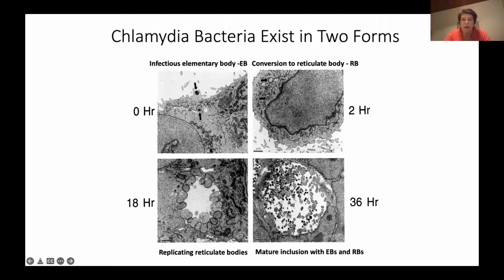And so once you get about 300 new chlamydia in a cell, it finally exhausts the cell of its nutrients, and it gets so big that it actually can push the nucleus of the cell over to the side. And so here, this picture is 36 hours after infection. And so at this point, the replicating forms then convert back into these spore-like forms for release from the cell so they can go infect other cells or another unsuspecting host.